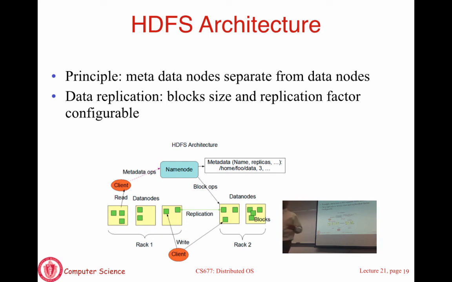The second principle in HDFS is, because you are optimizing for very large data sets and large writes, you store blocks in very large chunks. A typical file system has block sizes of 4 kilobytes. In HDFS, you may have a block size of megabytes or tens of megabytes. So you take a 1 terabyte file, chop it up, let's say, into 64 megabyte chunks, and you store each in one location.